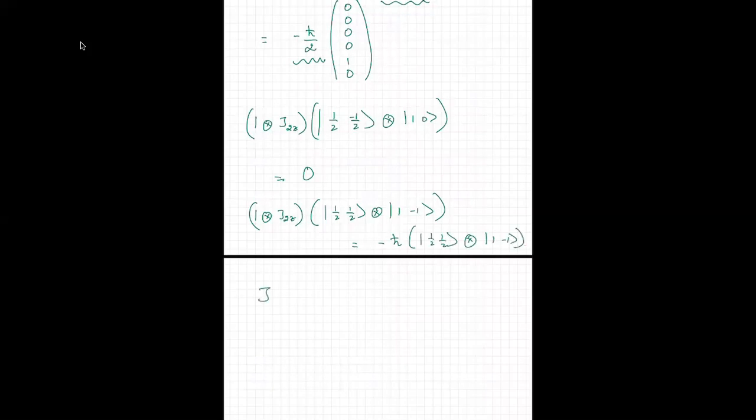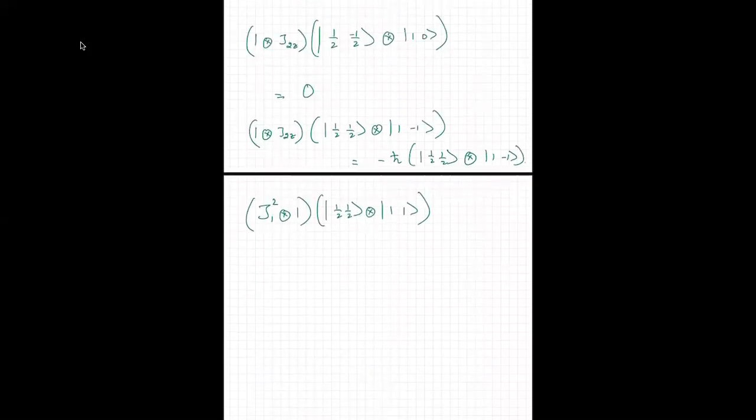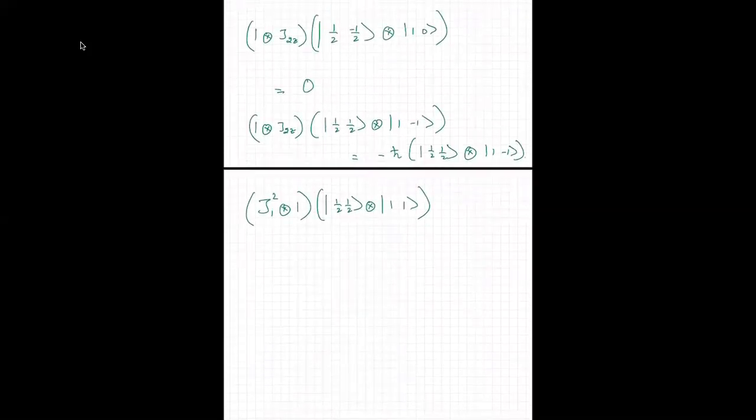Similarly, if I calculate J1 square direct product 1 on this composite space, 1/2 direct product 1, 1 or whatever it is, what will I get? I will get the eigenvalue of J1 square. So this will be h bar square times J1 plus 1, which is 1/2 times 1/2 plus 1, times the same state.